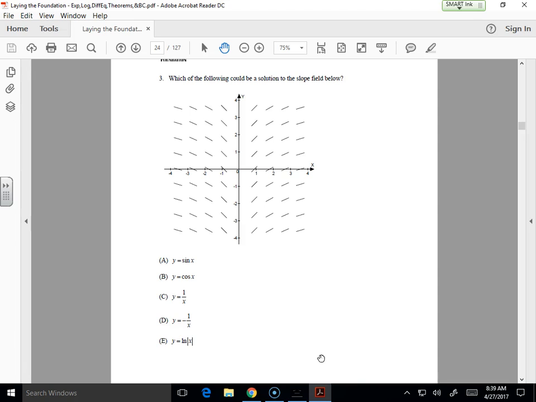What kind of function goes like this? An absolute value says you're allowed to go on the other side too. That's why there's an absolute value. Definitely not sine or cosine. No. The 1 over x, you gotta know your basic graphs, right? -1 over x, not that one. So E.